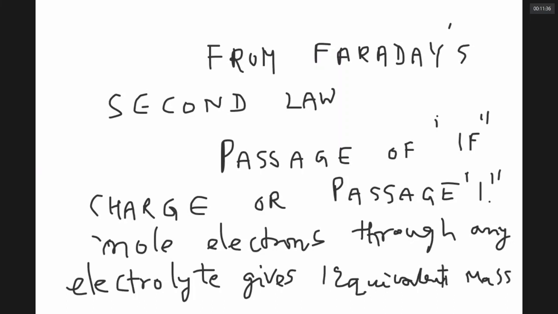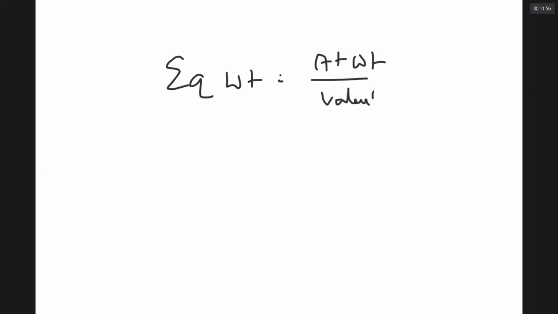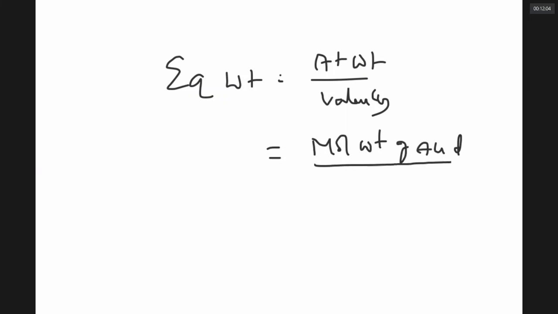From Faraday's second law, passage of 1 Faraday charge, or passage of 1 mole of electrons, which is 96,500 coulombs, through any electrolyte gives one equivalent mass of element at electrode. Always, equivalent weight is equal to atomic weight by valency. For any acid, equivalent weight is equal to molecular weight of acid by basicity.